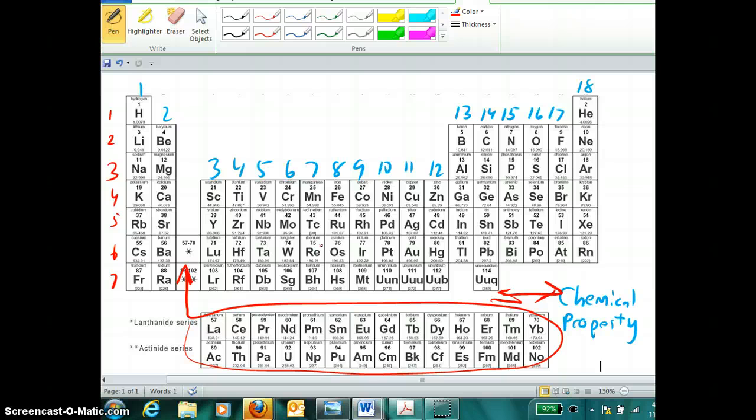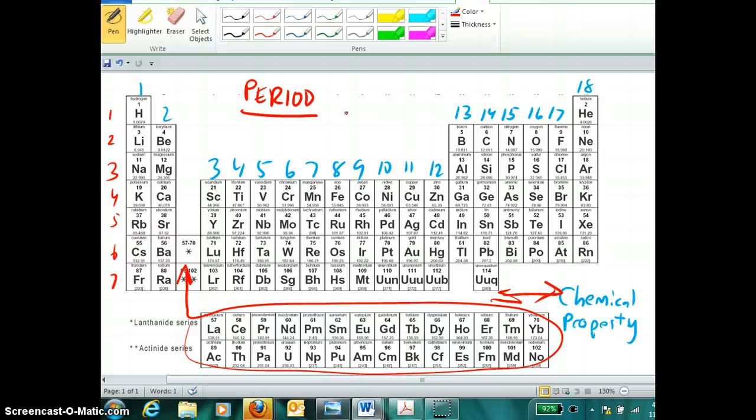In any event, these rows have names as well, and they're referred to as periods, and that's where the table gets its name, periodic table. Now, in science, the meaning of the word period is any regular repetitive pattern of events. For instance, if a pendulum is swinging back and forth, one complete cycle back and then forth would be the period of the pendulum.